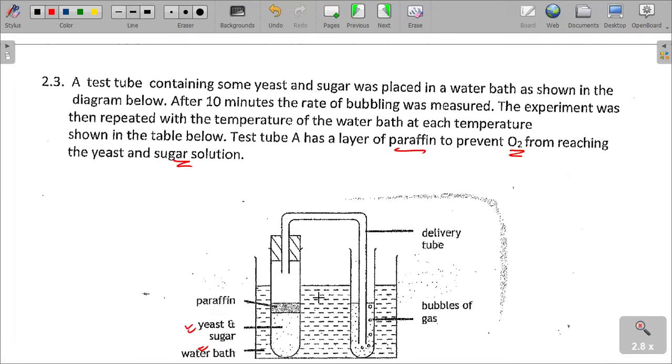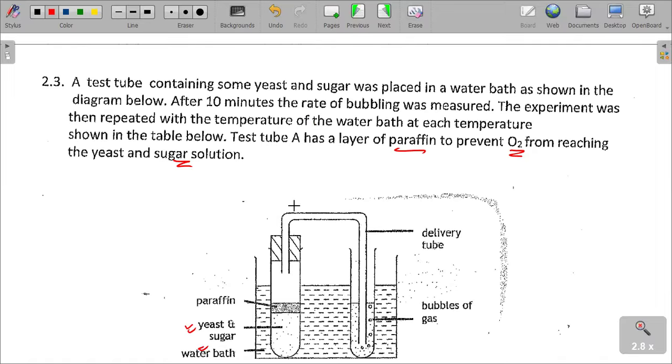The experiment was repeated, after 10 minutes the rate of bubbling was measured, at each temperature shown in the table.